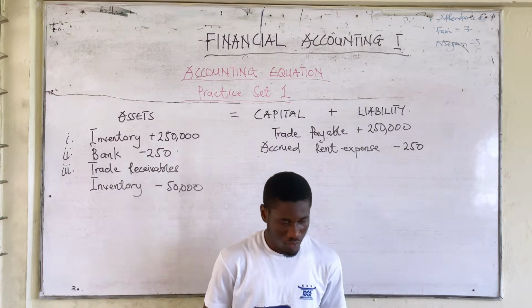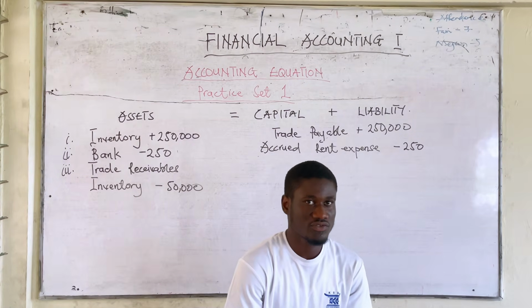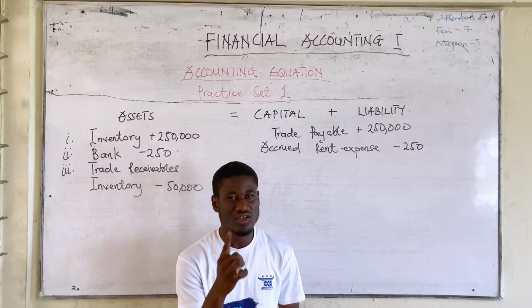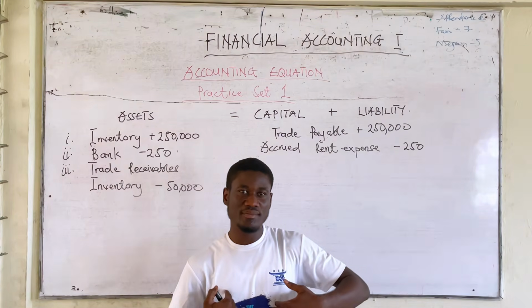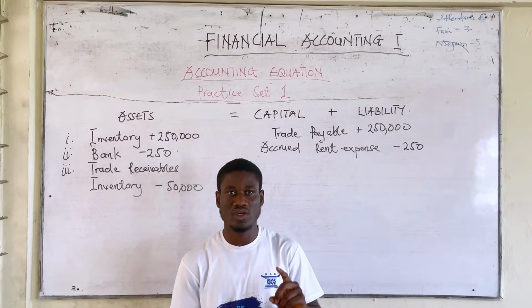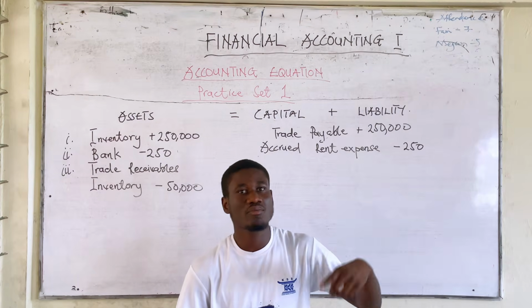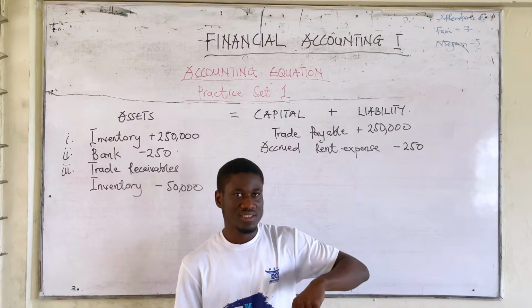Then trade receivables. So now we sold to trade receivables and we sold it for 90,000, not 50,000. So therefore, our trade receivables are owing the business 90,000 because that's the amount we sold to them. Though the goods were costing 50,000, we sold to them for 90,000. So they are going to owe us what? 90,000.